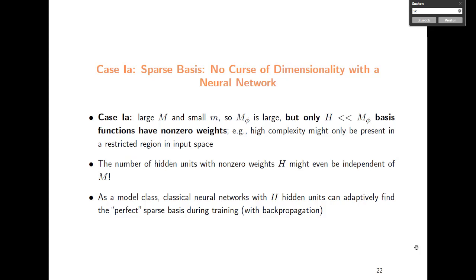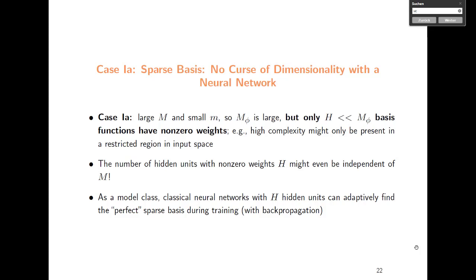So we have a large M, so many inputs, and small m, so complex functions. So m phi would be large. But in fact, only a small subset of these m phi's have non-zero weights, because maybe high complexity is only present in a restricted region in input space.